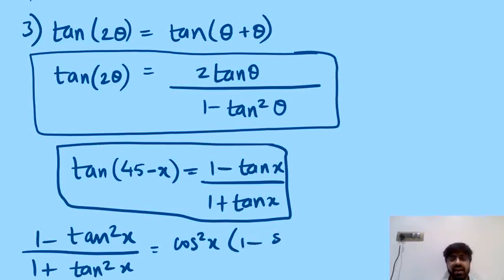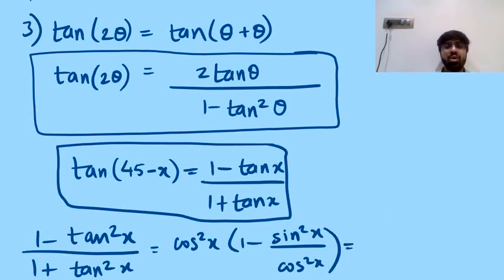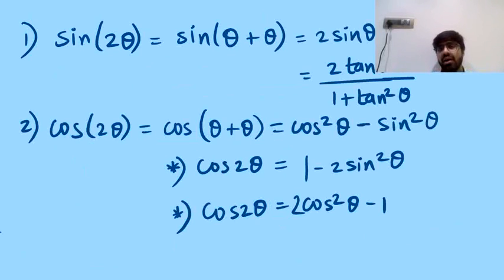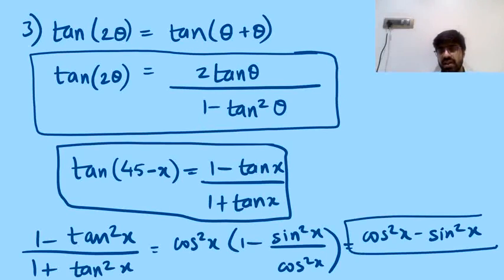And we will write tan square x as sin square x upon cos square x. Expand the whole bracket, you have cos square x minus sin square x. And this is where you again jump with excitement and realize that cos square theta minus sin square theta was a formula for cos 2 theta. So check this out, cos square x minus sin square x, that's a formula for cos 2x.